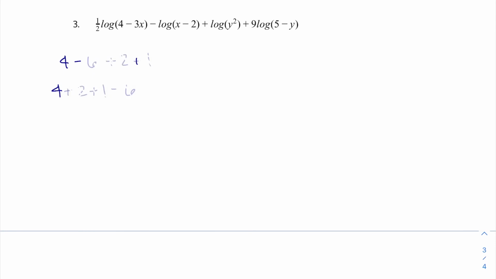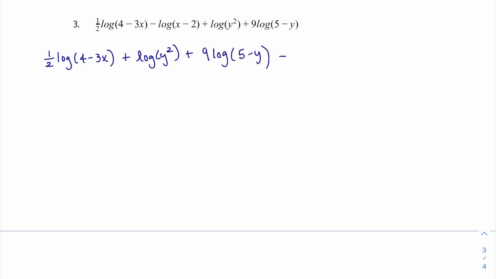I can move that minus log of x minus 2 to the end of the equation. So I'll have 1/2 log of 4 minus 3x plus log of y squared plus 9 log of 5 minus y minus log of x minus 2. Now I can apply my properties in order.